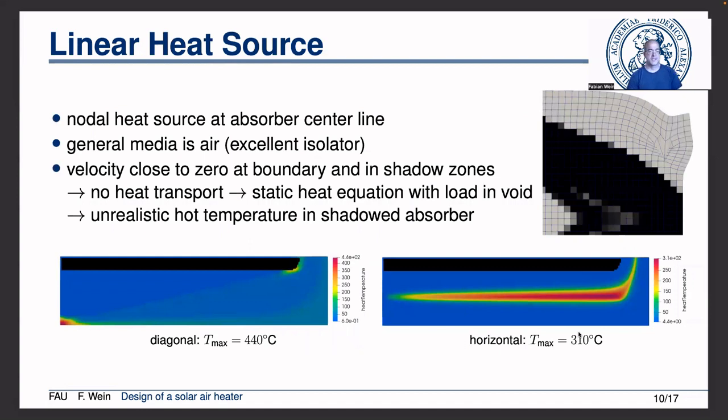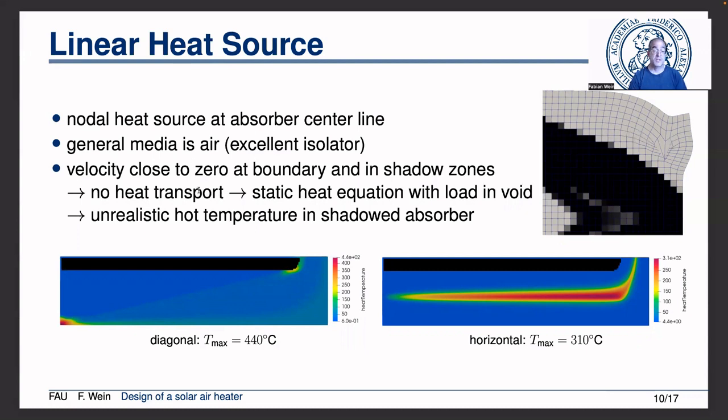When we have just a linear heat source at the nodal line of our absorber, and we consider that the general medium is air, which is an excellent isolator by itself, we have the following situation. The velocity is close to zero at the boundary, in shadow zones, and in the absorber, partially when the velocity is small.